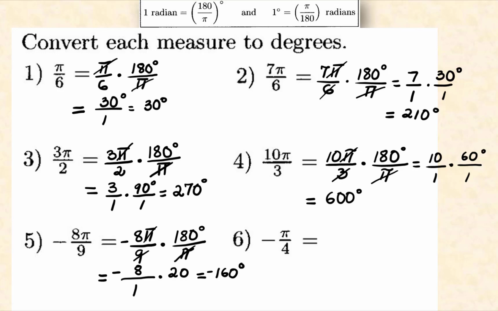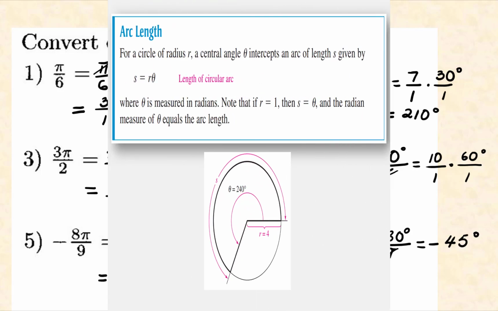The answer is negative 160 degrees. Negative pi over 4 multiplied by 180 over pi. Pi will cancel each other, and 180 divided by 4 will be 45. So it's negative 45 degrees.